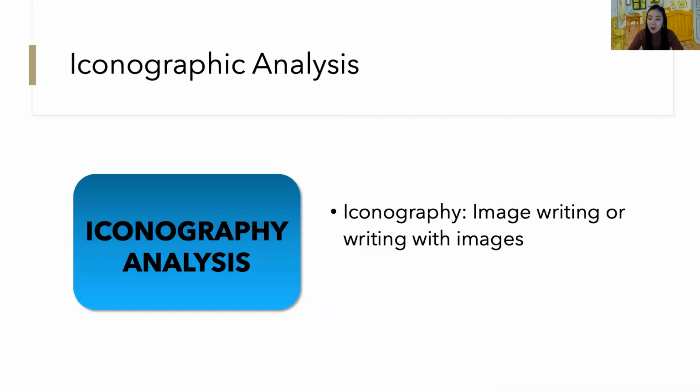So iconographic analysis identifies objects and figures in an artwork as signs or symbols that can reflect religious or historical context and the meaning of which was often more directly understood at the time by a specific culture, but may now be less apparent to us.